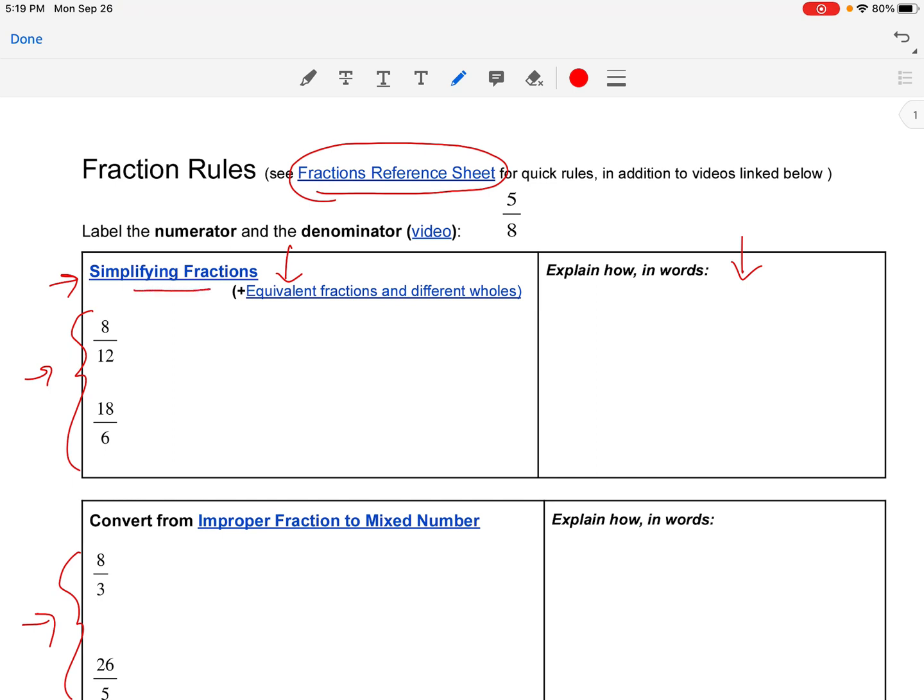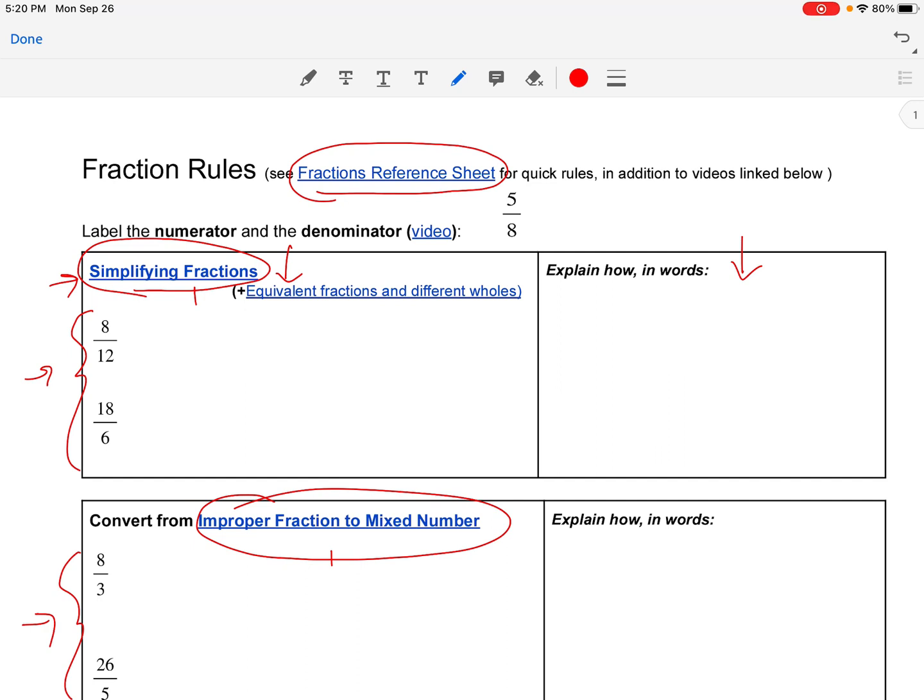If you need a more in-depth review, then each of these headings here is a link to a Khan Academy video on how to simplify fractions, for example, or convert from an improper fraction to a mixed number. So you can do a more in-depth review by watching those videos.